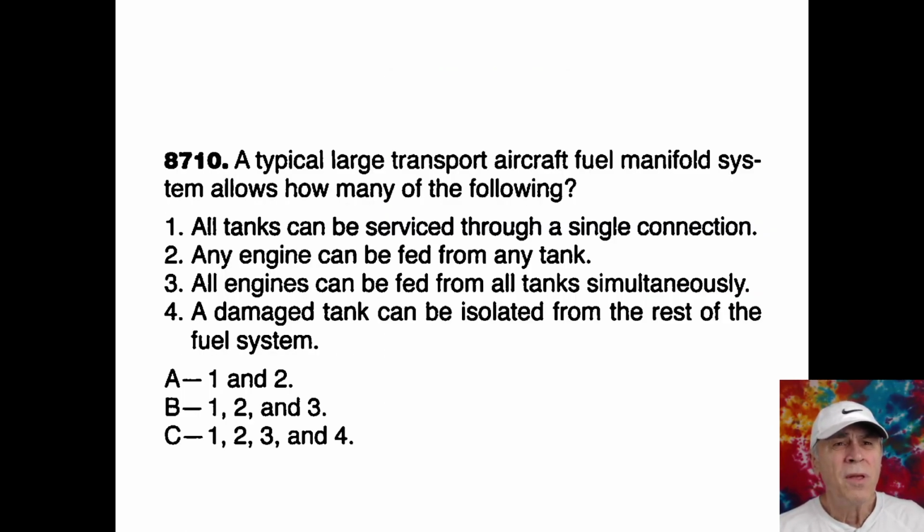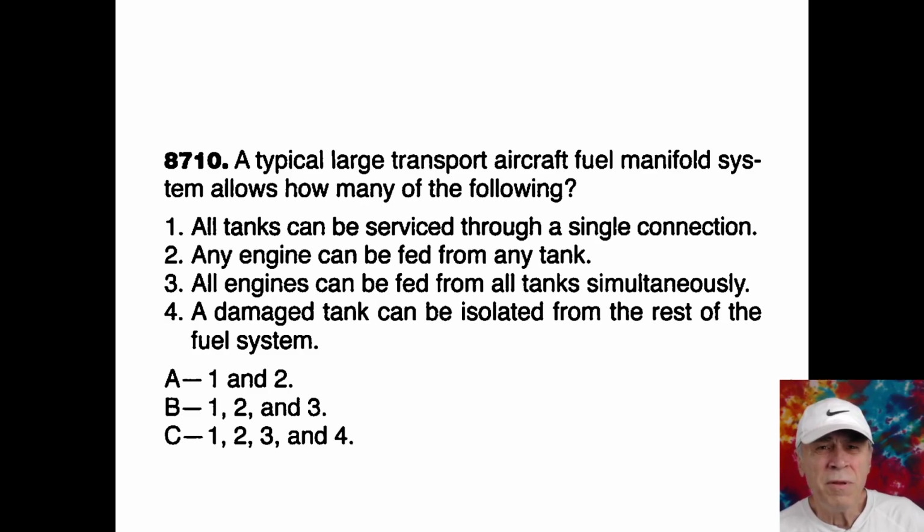Question comes up. A typical large aircraft or large transport aircraft fuel manifold system allows how many of the following? 1. All tanks can be serviced through a single connection. I like that one. So far 1. 2. Any engines can be fed from any tank. I like that one also. So 2 so far. 3.